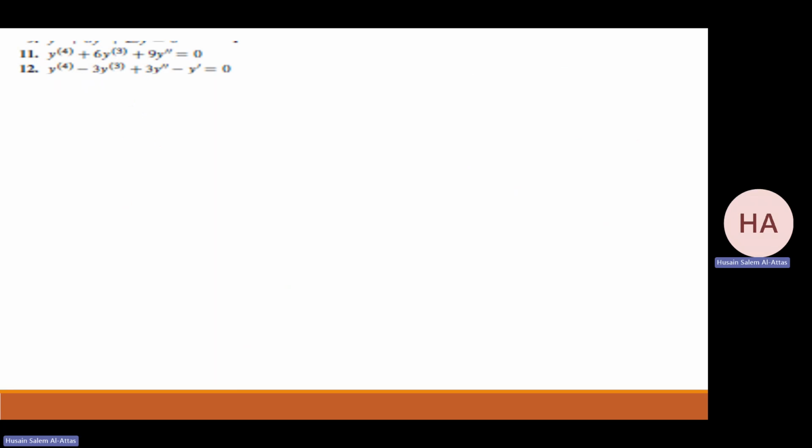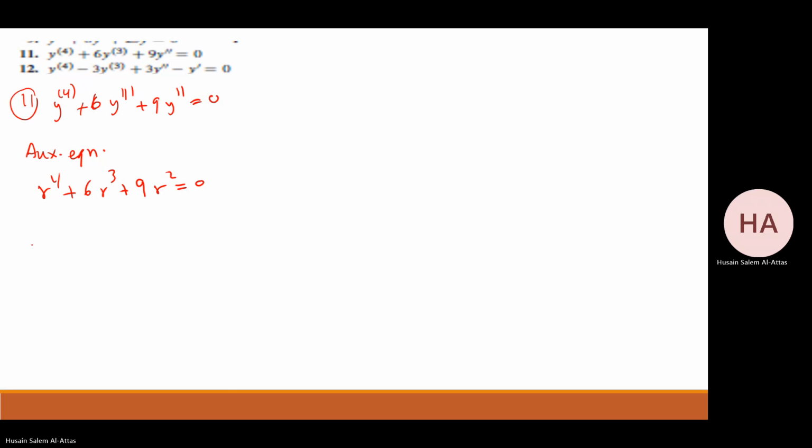Now we have a fourth order equation, number 11: y fourth derivative plus 6 y third derivative plus 9 y second derivative equals 0. Auxiliary equation, r to the power 4 plus 6r cubed plus 9r squared equals 0. So I can take r squared as a common factor.